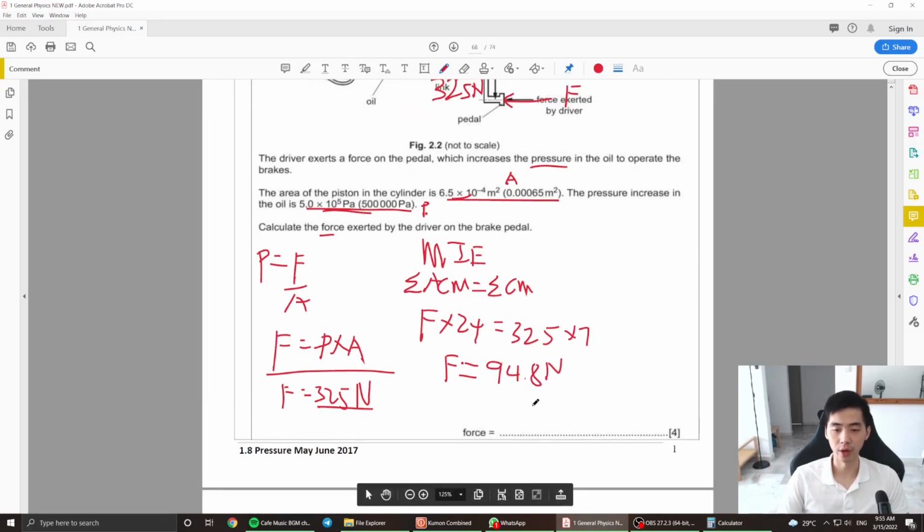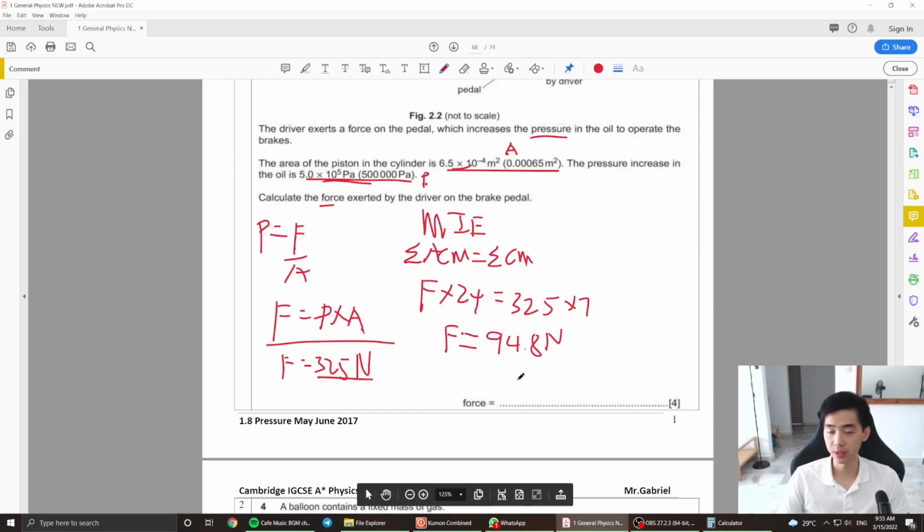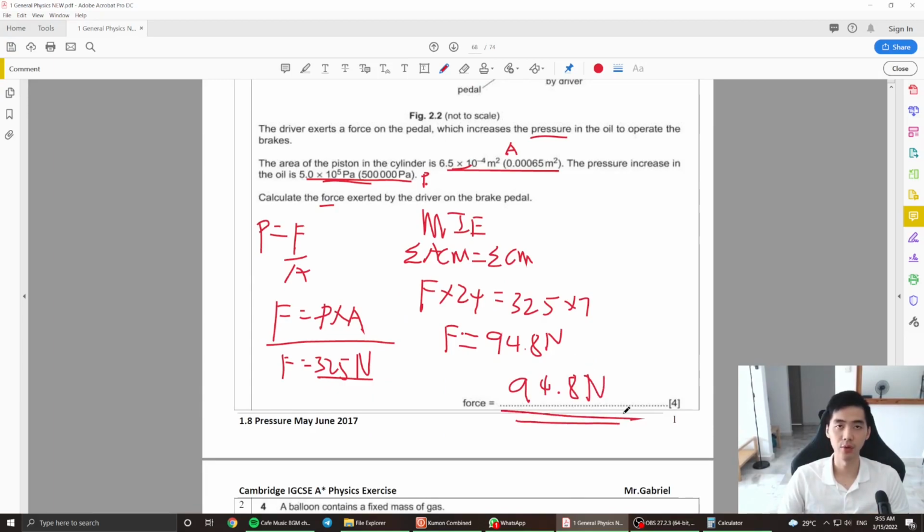Always remember, you can only write 3 significant figures in these kind of answers here, so you're going to write 94.8 newtons here, and this is how you get the final answer for this question here. All right.